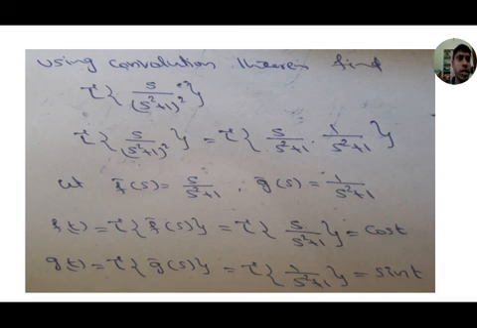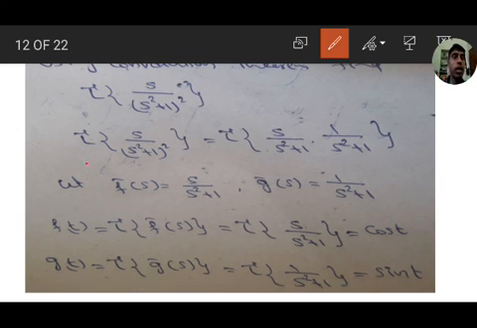Using convolution theorem, find L inverse of S by S square plus 1 whole square. So here L inverse of S by S square plus 1 whole square equals, that can be written as L inverse of S by S square plus 1 into 1 by S square plus 1, a product of two functions.